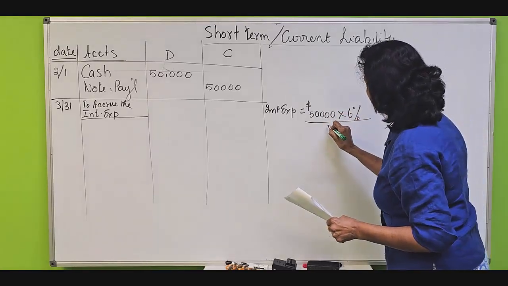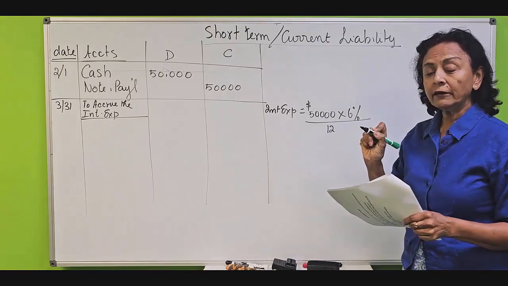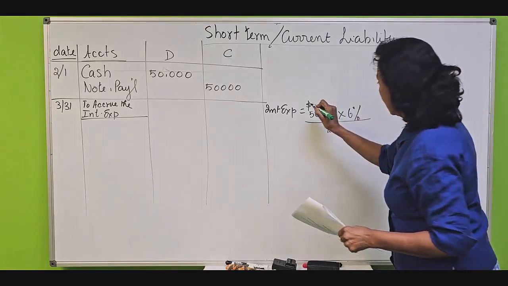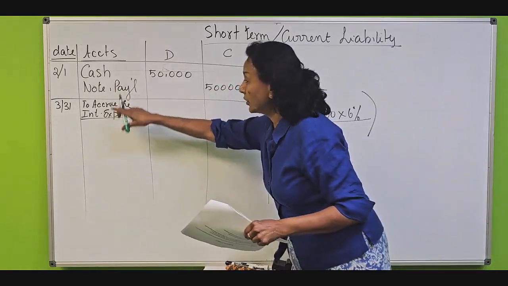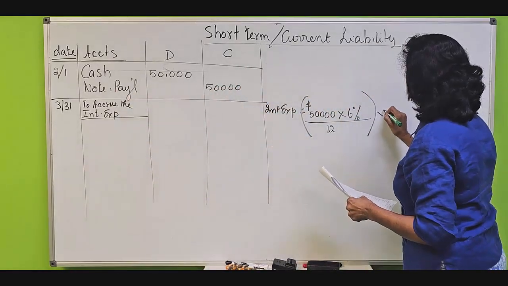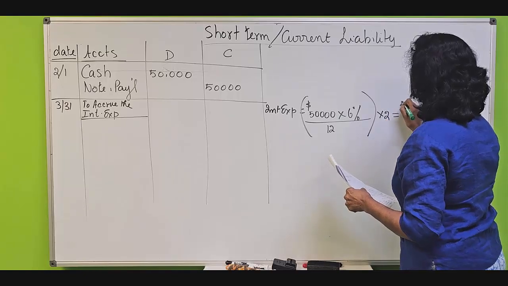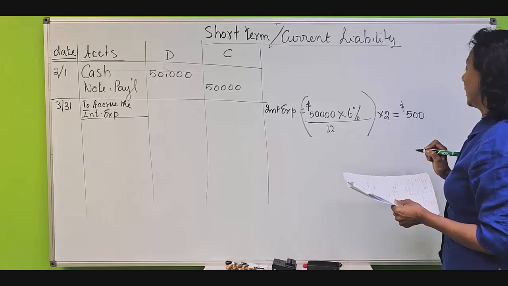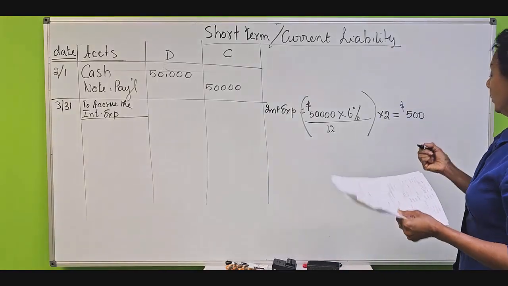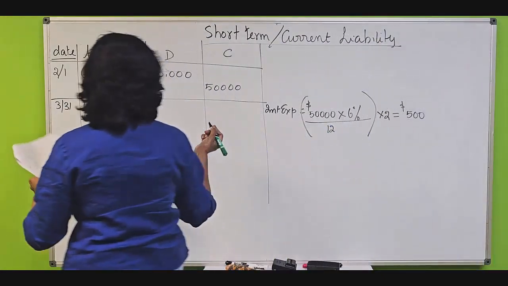So you divide by 12, that will give you the interest for 1 month. And then here you are calculating the interest for 2 months. So therefore for 2 months, the interest would be $500. Okay, so now they have accrued the interest.